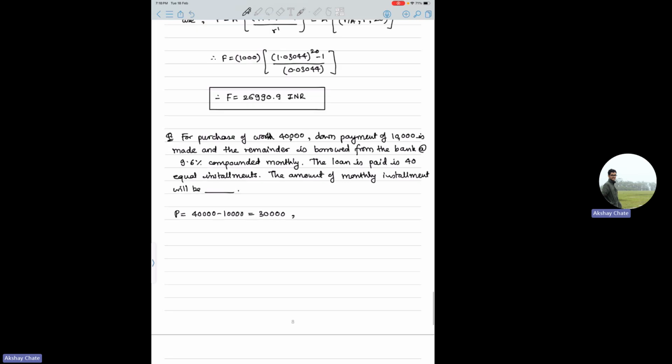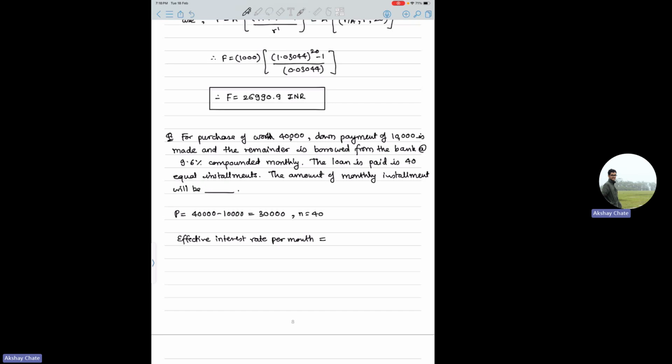Here n is 40 months. We need to find A, but for that we first need to find the effective interest rate per month. They mention that it is compounded monthly, but that is not the monthly rate.